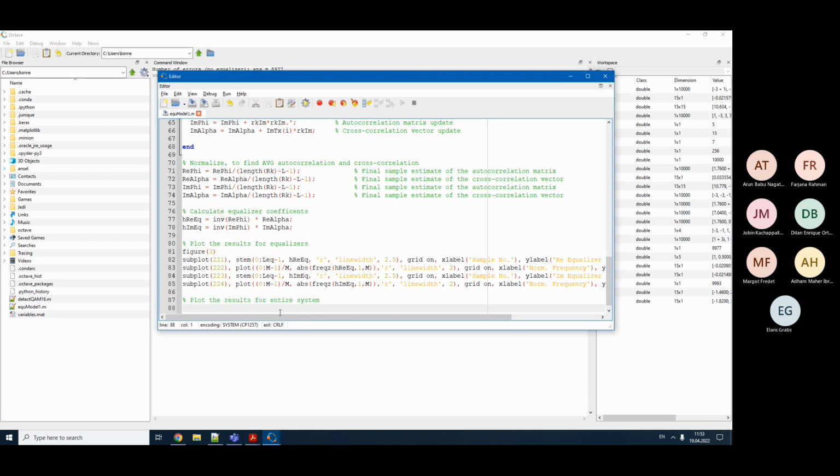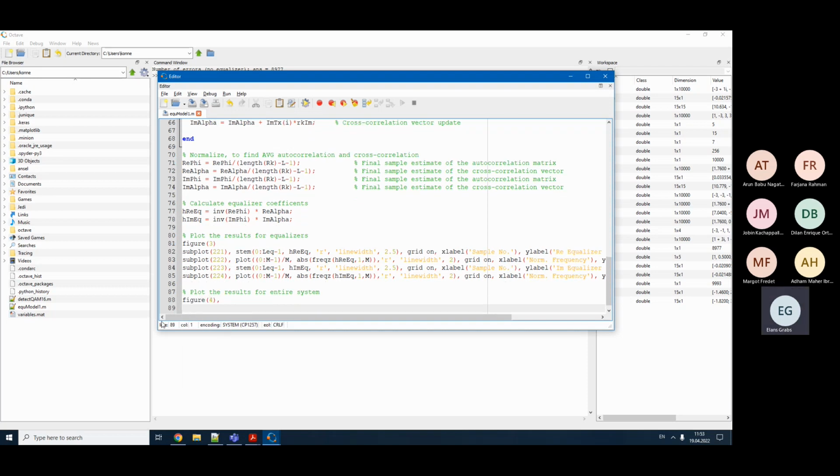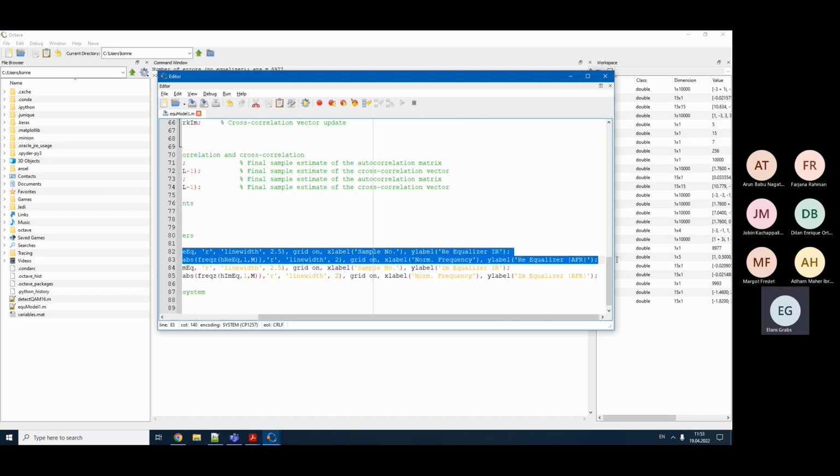Basically, as you already have seen, these plots look very similar for real part and imaginary part. So now I'm going to plot just one of them, just the real part. That is going to be figure 4. Accordingly, I will need these two plots.